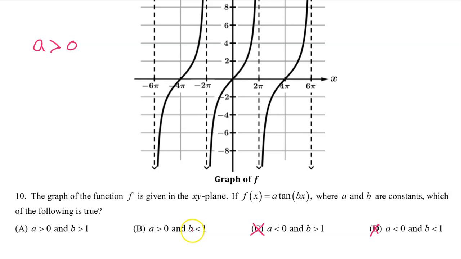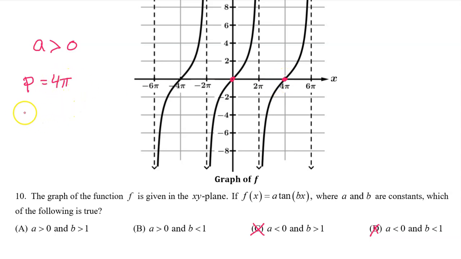To figure out whether the b value is less than 1 or greater than 1, let's find the b value. But we need to start with the period. The period can be measured from asymptote to asymptote, or from point of inflection to point of inflection, whichever is easier. Since this point of inflection is at 0 and the next one is at 4 pi, the period is 4 pi.